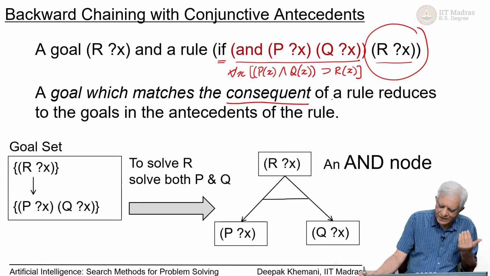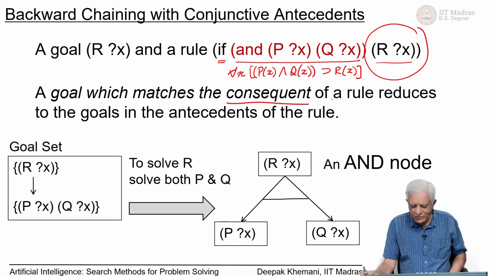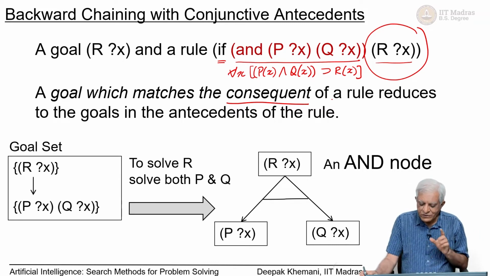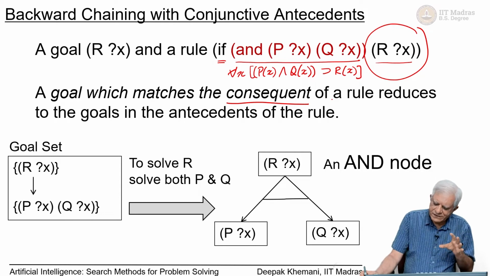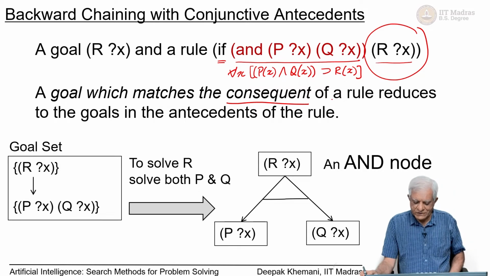By now we are familiar with this idea: it is an AND node, so to show that this goal R of x is true, show these two individual goals, P of x and Q of x. The only difference between what we did with that evening out example is that the sub goals in this case are connected. Whichever x satisfies P must also be the x which satisfies Q.